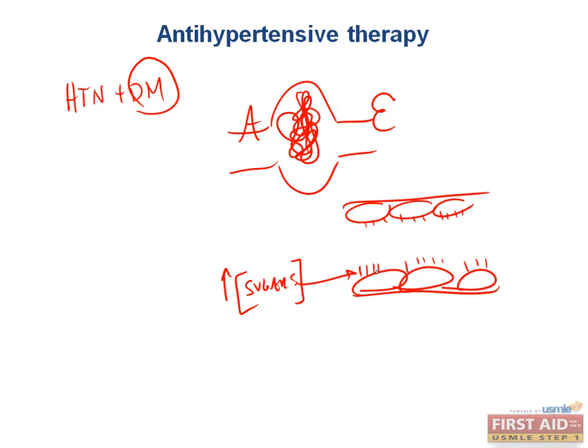This leads to the development of breakdown products associated with sugars sticking to these proteins, and we call these reactive advanced glycation end products, and these can cause oxidative damage to the endothelial cells of the renal arterioles due to the induction and production of free radical species such as superoxide and hydrogen peroxide. So we have increased oxidative stress.